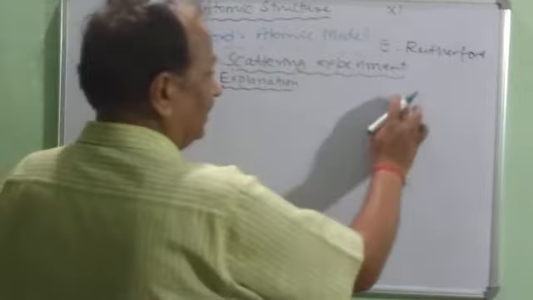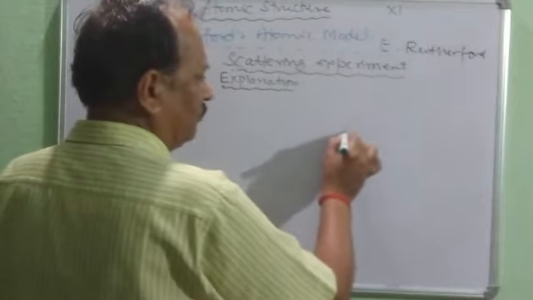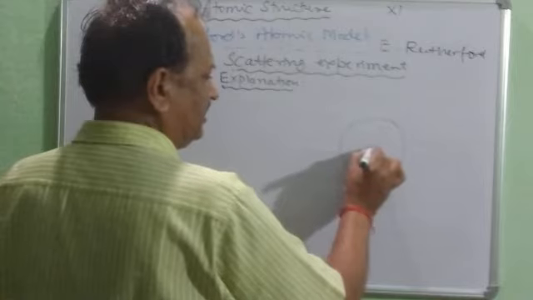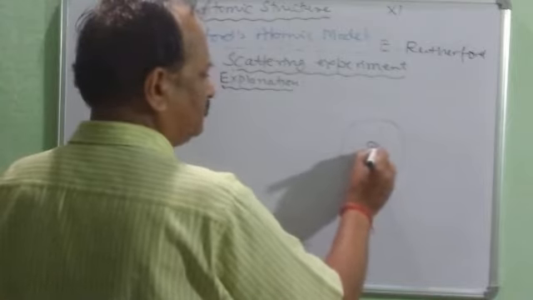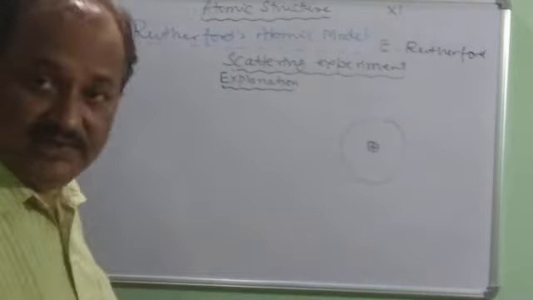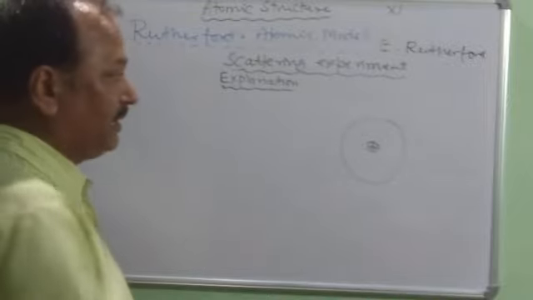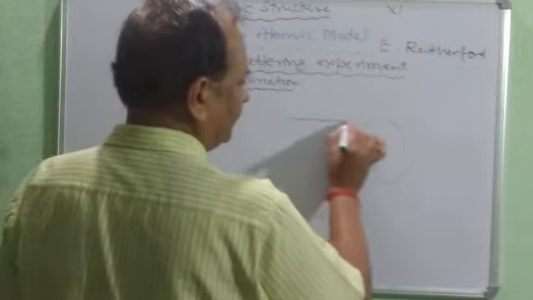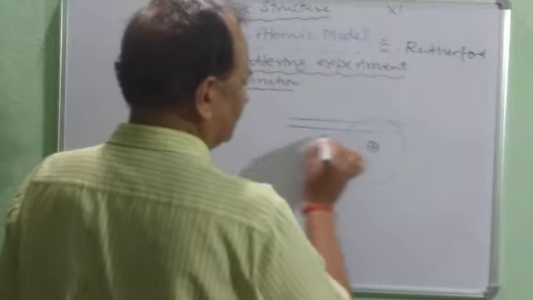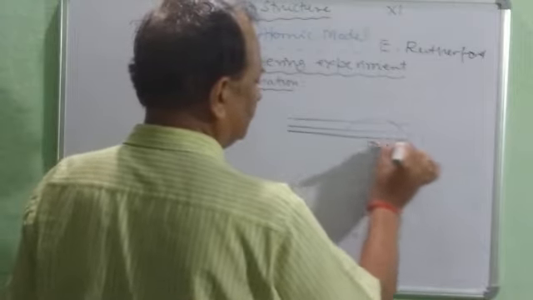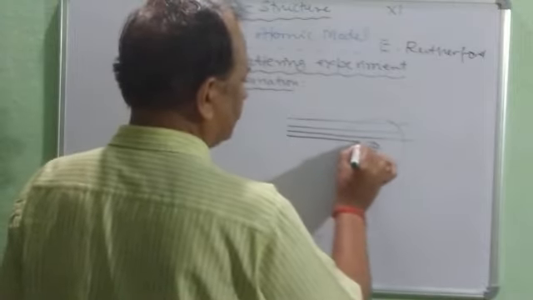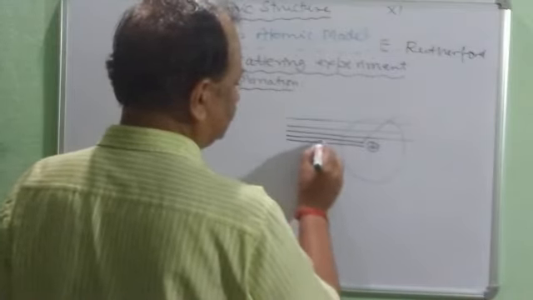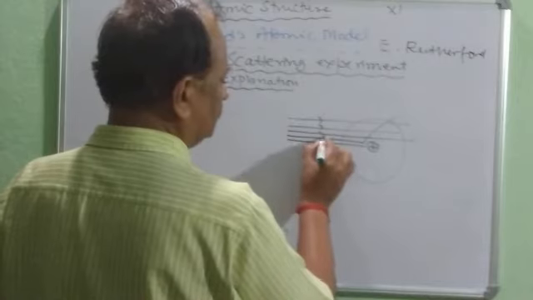He said the atom is a hollow ball-like structure, and in the center there is a very small portion called the nucleus. And when the alpha rays pass like this, he explained these observations.